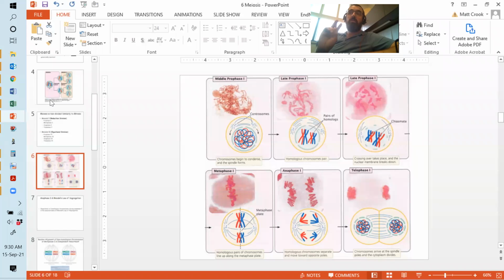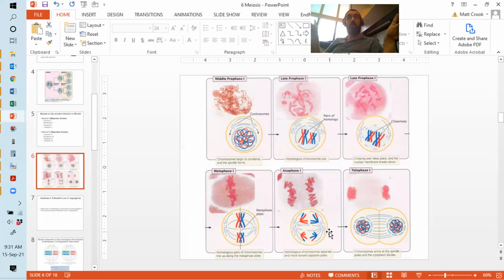Okay, so you might be thinking, well, if separase destroys cohesin, and these homologous chromosomes are stuck together by cohesin, why don't we just pull apart the sister chromatids, right? Why do we pull apart only the homologous chromosomes to go from that diploid to haploid deal?